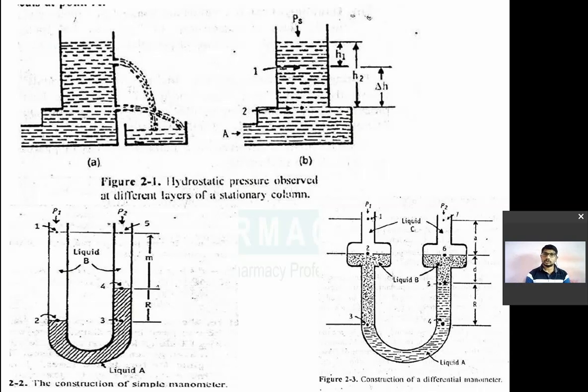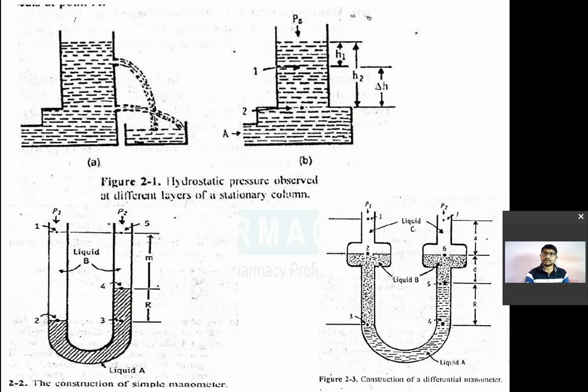You are mixing those kinds of liquids. You are storing them in the storage tanks, and then you are transporting that liquid into your filling machine through the pipes using various kinds of motors and pumps.